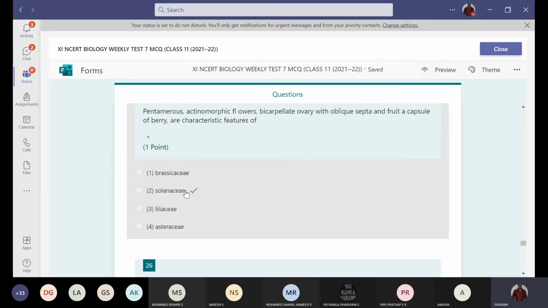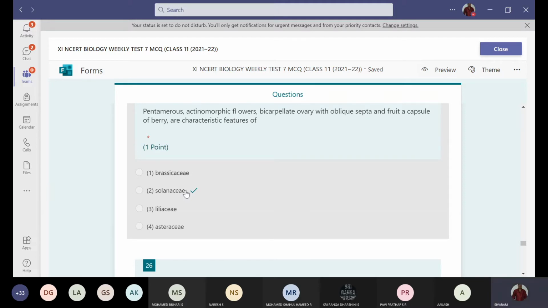And next, pentamerous actinomorphic flowers, bicarpellate ovary with oblique septa and fruit a capsule or berry are characteristic features of Solanaceae. These are the description of a flower in case of Solanaceae.